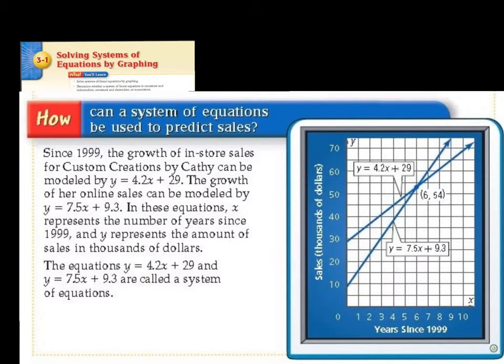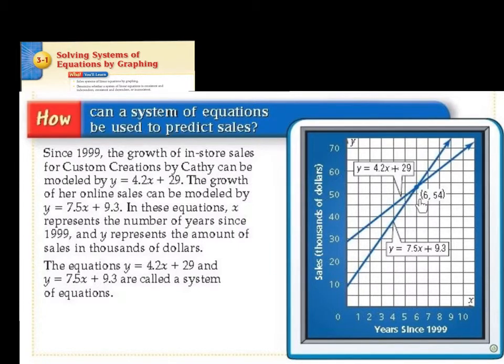Since 1999, the growth of in-store sales for Custom Creations by Kathy can be modeled by y equals 4.2x plus 29. The growth of her online sales can be modeled by y equals 7.5x plus 9.3. In these equations, x represents the number of years since 1999 and y represents the amount of sales in thousands of dollars.